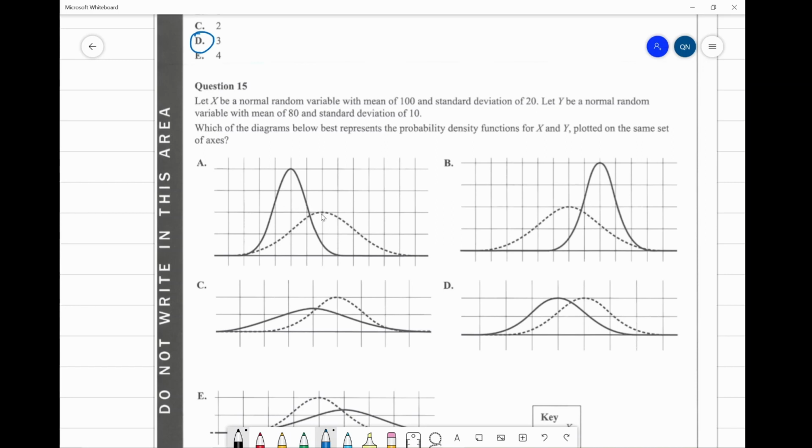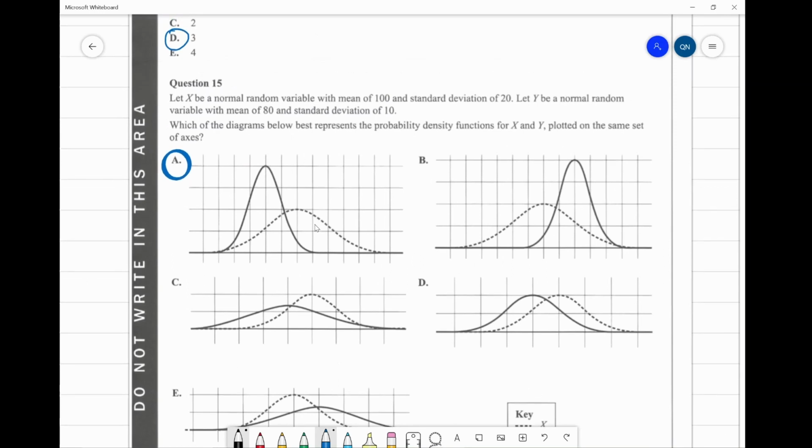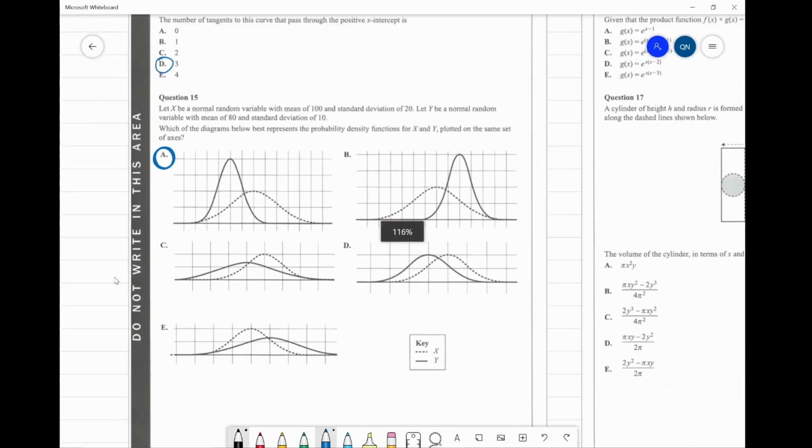And the standard deviation of x is also greater, so we want the spread of x to be larger than the spread of y. I'm going to go for option A, because x is the dotted one, and we want it to be flatter because it has the higher standard deviation, and more to the right. That's the only one where it's flatter and more to the right. So I'm going to go with option A.